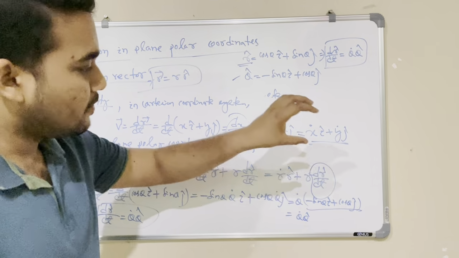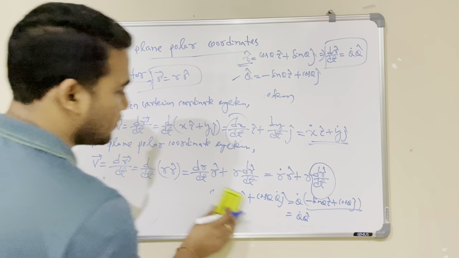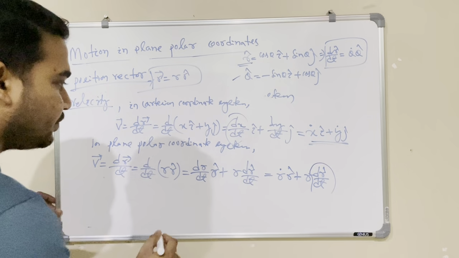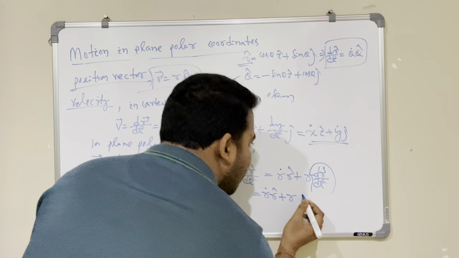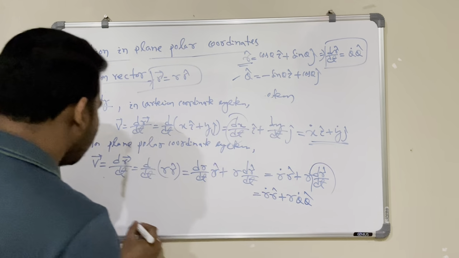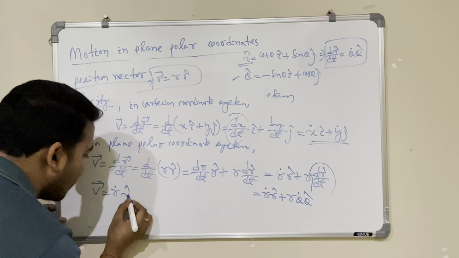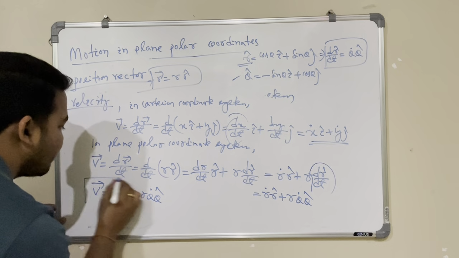So here we can put the value of dr cap by dt. If we put it there, this will be equal to r dot r cap plus r theta dot theta cap. So the expression for velocity is r dot r cap plus r theta dot theta cap.